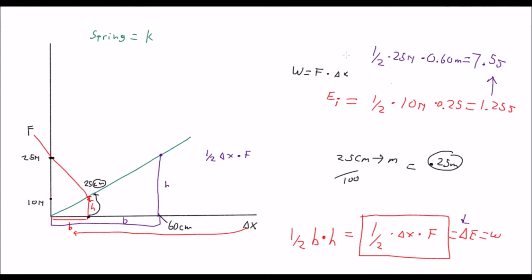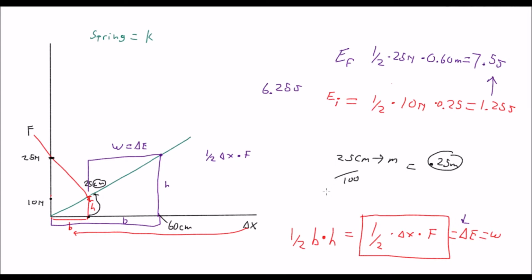And this is our energy final. So we subtract them and we get 6.25 joules. There's the work. That's the work done in this case. That's the change in energy. Okay? And then using that, you can do a bunch of other calculations.